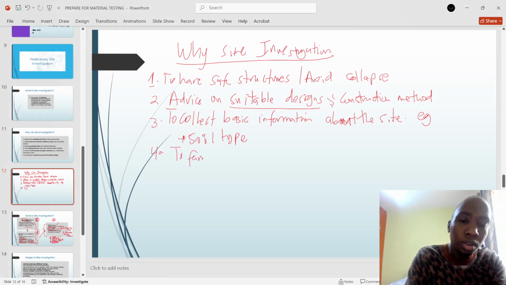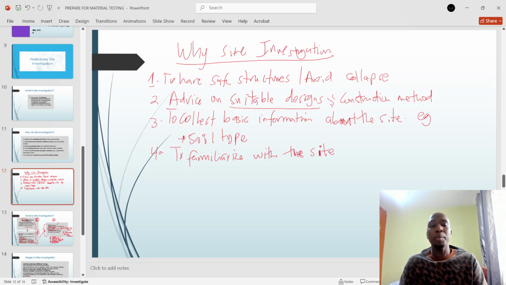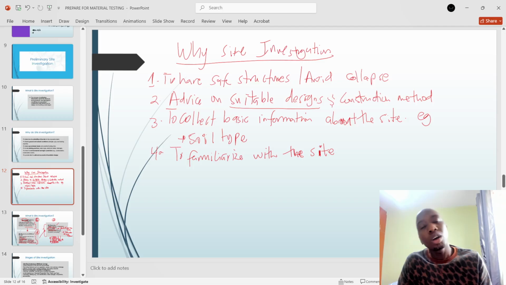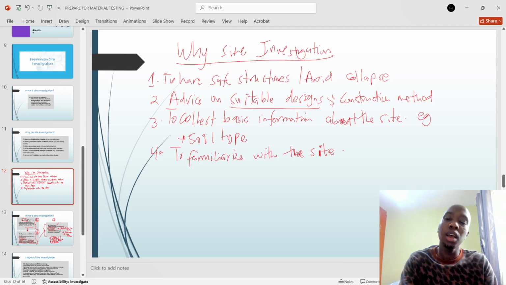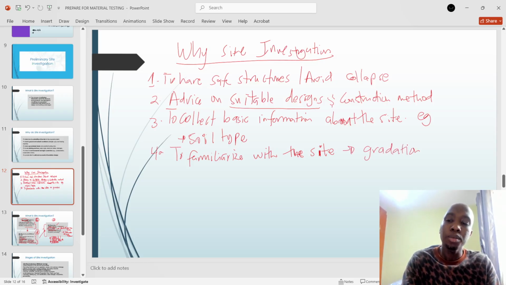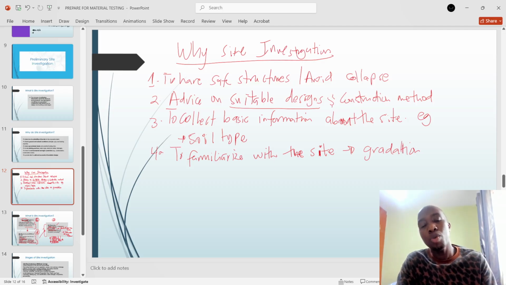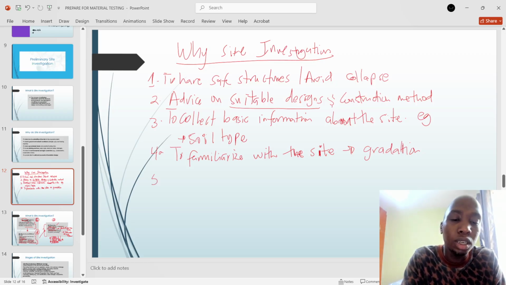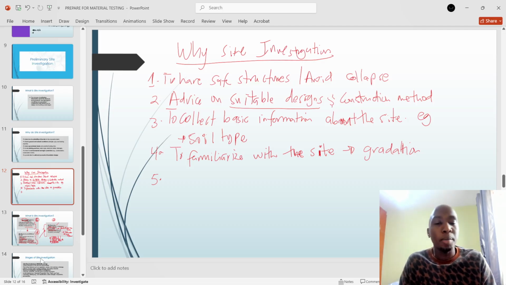To familiarize with the site, to know how the site is. What is the gradation? Is it sloppy? So that you can know where you will need to do leveling. That's very good.